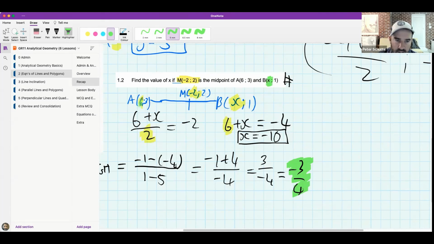So I tell myself, look, in this question, only these three things are going to be involved. And then I ask myself, what is the midpoint formula? The midpoint formula says, take this one, 6, add it to whatever this is, X, divide by 2, and get wherever the X midpoint is.